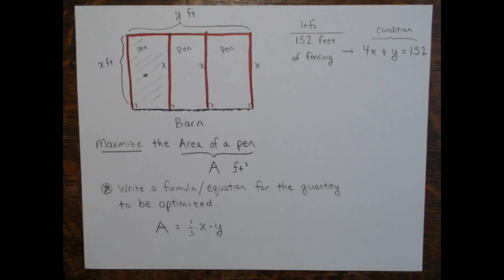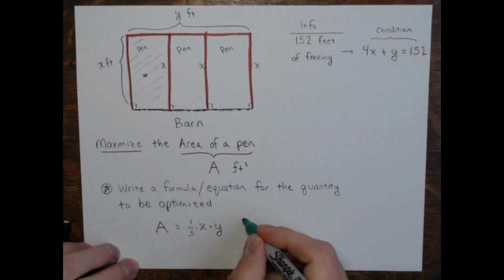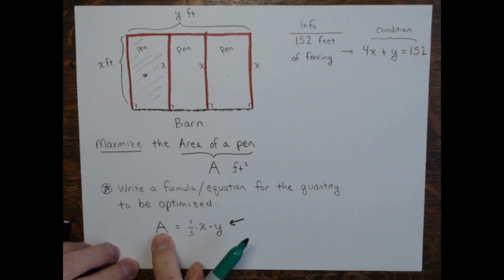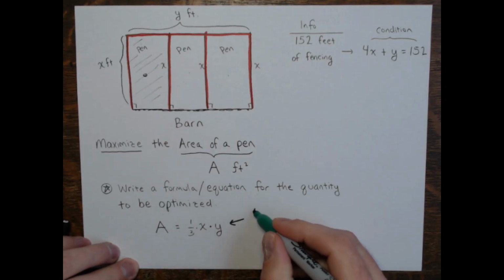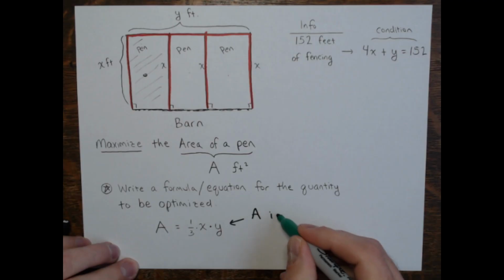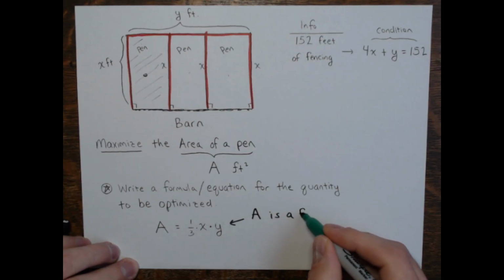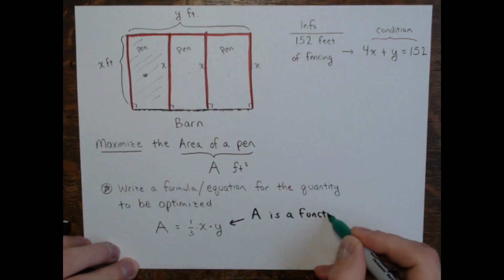Now, this area formula I just put up. So at the moment, we have the area depending on 2 variables, or they would say that the area is a function of 2 variables, right?